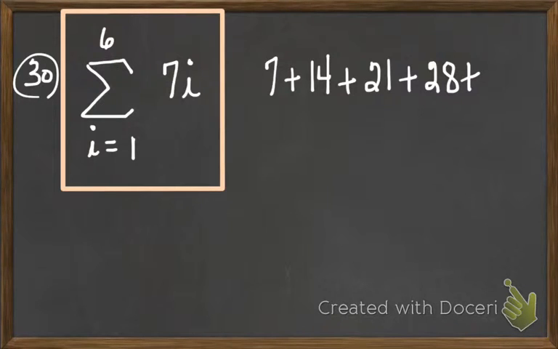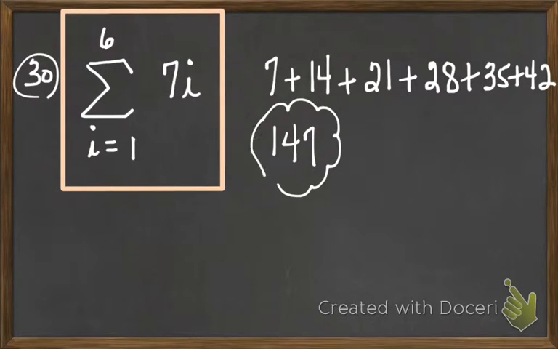Then 35. Then 42. So it's another way to find values in a sequence, but the summation symbol means once you find those, you're going to add them up. So then you would take your calculator, you would add all those up, and you get 147. So 147 is the answer.